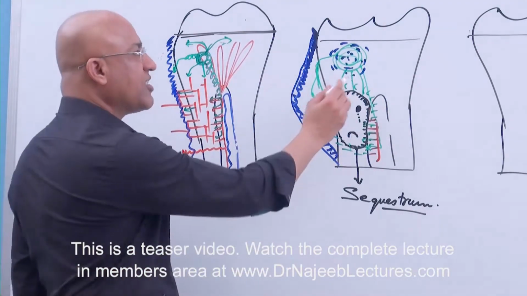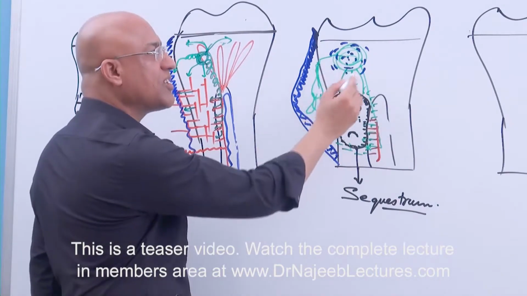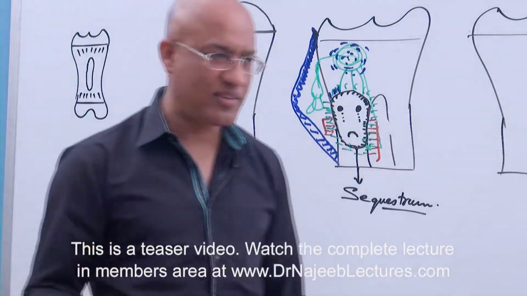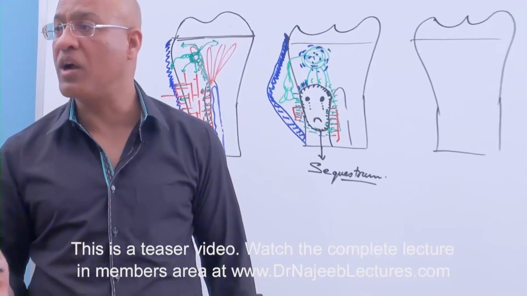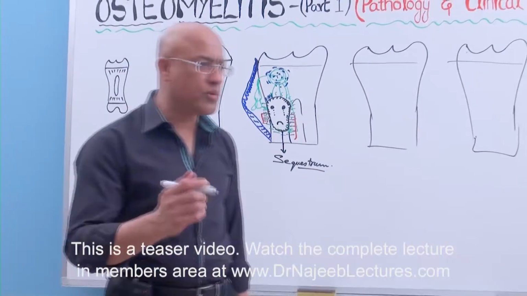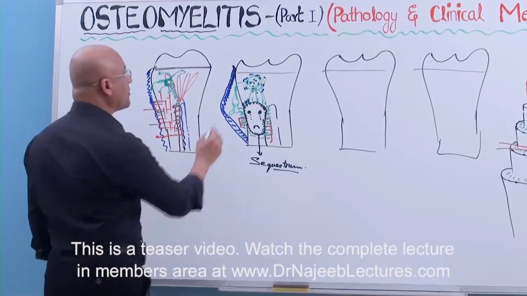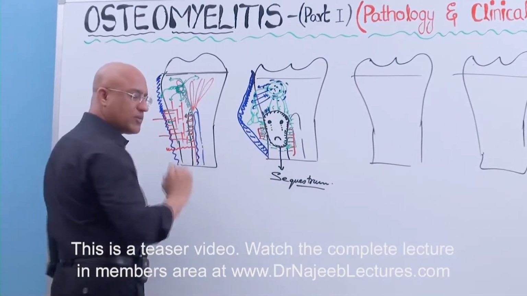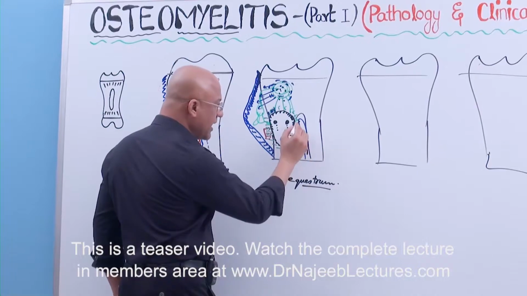When this process converts into chronic, and a lot of chronic inflammatory cells are here, they are producing cytokines. These cells are releasing cytokines, interleukin 1, interleukin 2, tumor necrosis factor and many other substances. The prolonged release of these cytokines stimulates the periosteum, and also the endosteum.